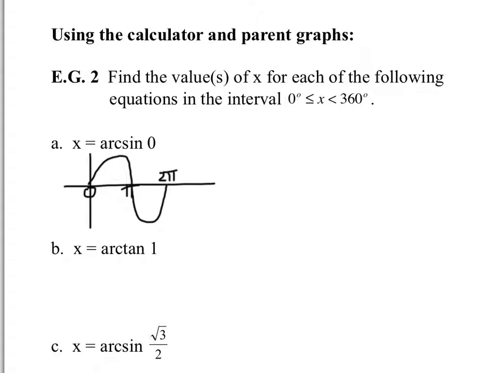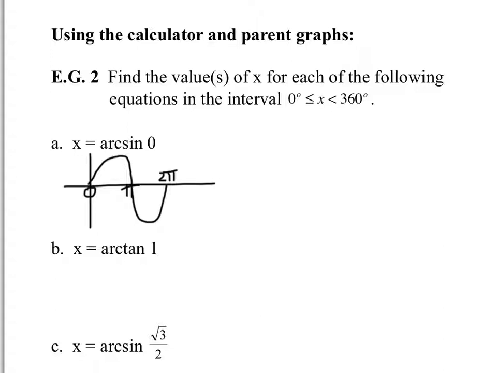So here are more examples of reading values off of a graph and using our calculators. We've done a little bit of this earlier in the chapter. We're looking for specific angle values, in this case between 0 degrees and 360, and we're basically joining together the help of the calculator and the graphs. In example A, x equals the arcsine of 0.